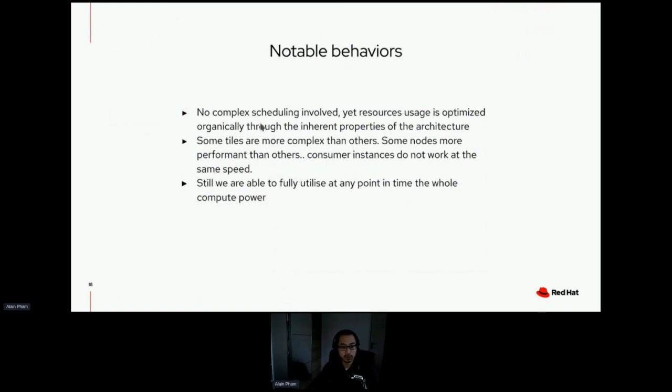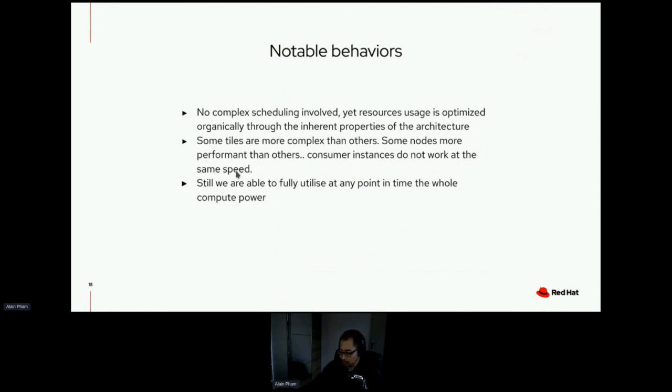So some notable behaviors here. You can actually see that in the architecture that was presented here, there's no complex scheduling involved. There's no central scheduler, but simply by putting a queuing system and then some compute resources behind it, it kind of organically uses up all of the resources that we have on our infrastructure, which is good.